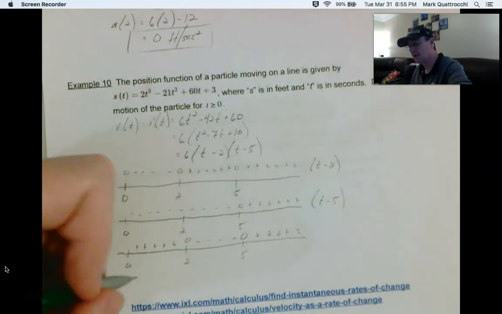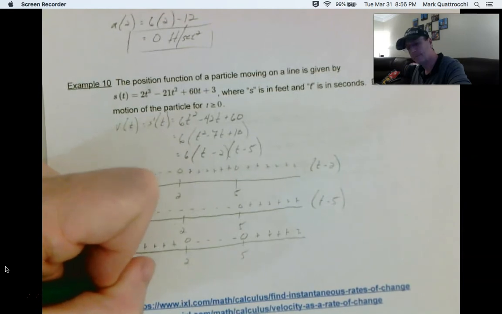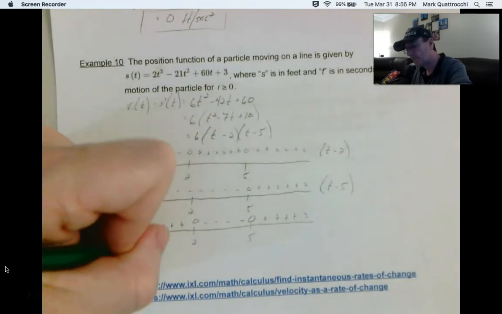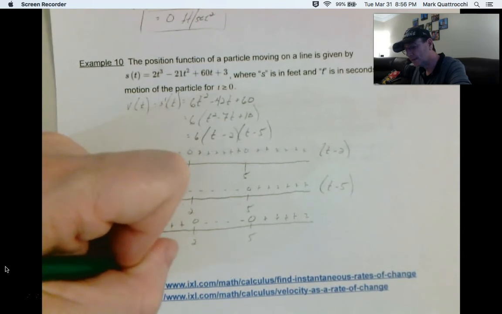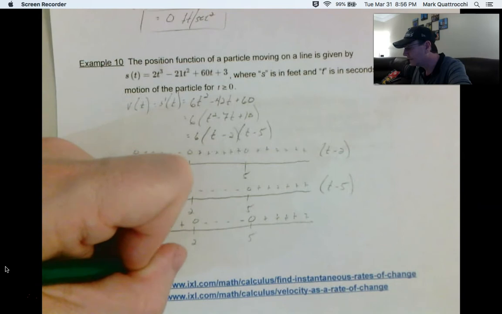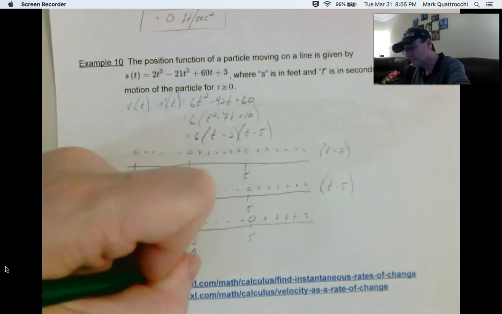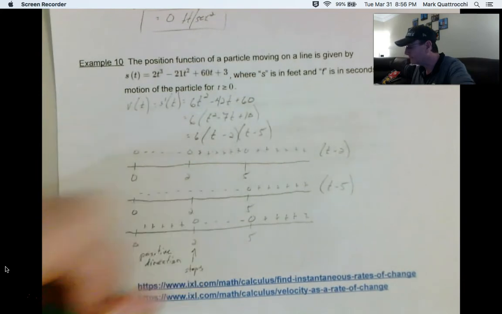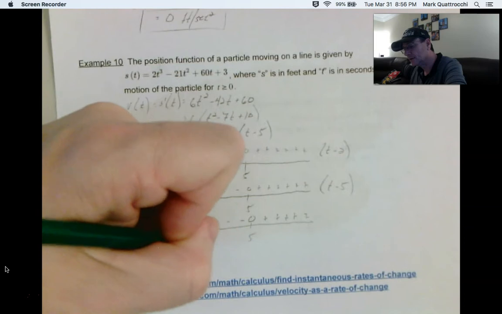So this is moving in a positive direction, whatever that is defined as. Then it stops. Then it moves in a negative direction.